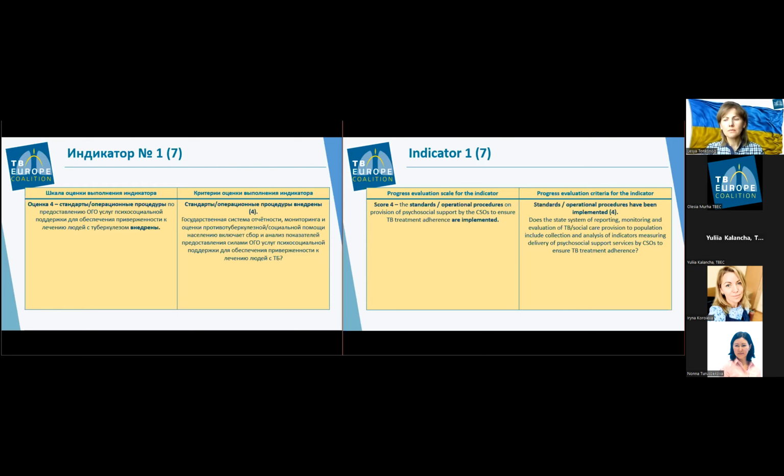Speaking about the indicator, I believe that we need to focus on its wording. It would be good if Yulia Kalinchak could comment on that so that I don't step back from the document. Yulia, can you comment on the indicator? And then I will continue speaking about how it's going to be linked with the general NTP program.